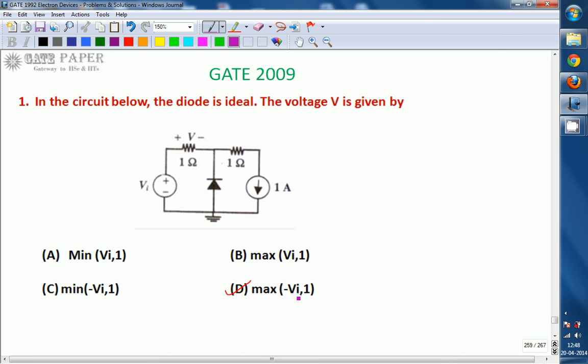Minus Vi applies whenever the input is negative, and 1 applies when the input is positive. So the range is the maximum of minus Vi, 1. You cannot get an output voltage greater than 1 other than minus Vi. So maximum of minus Vi comma 1 is the answer for this question. Thank you.